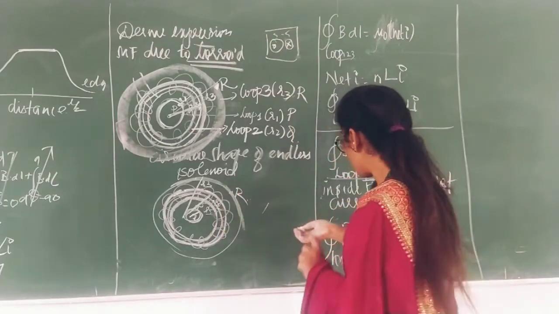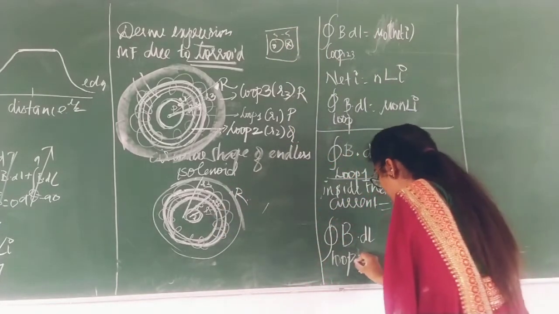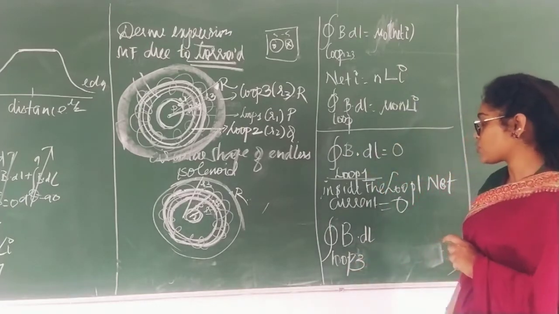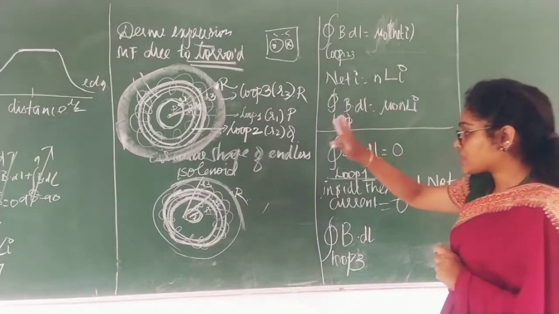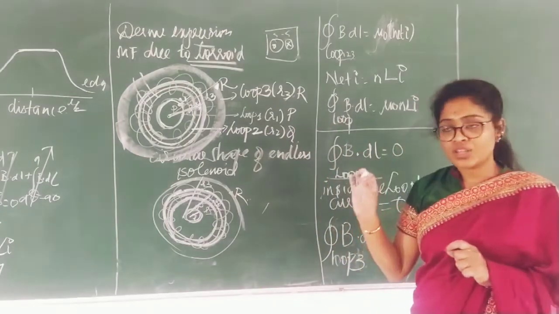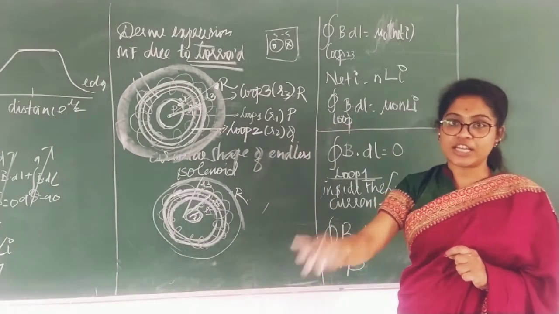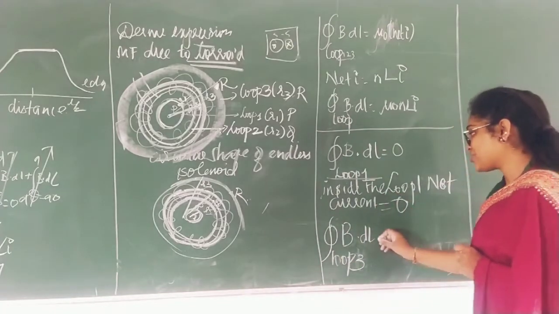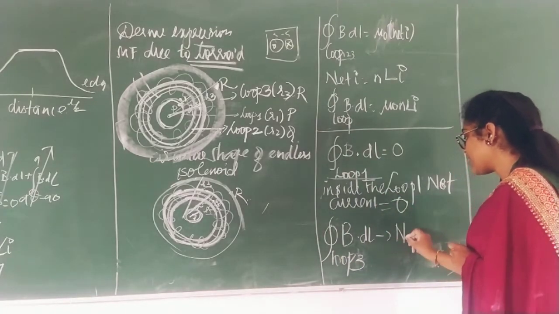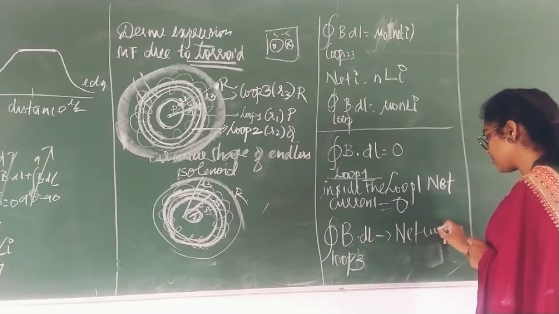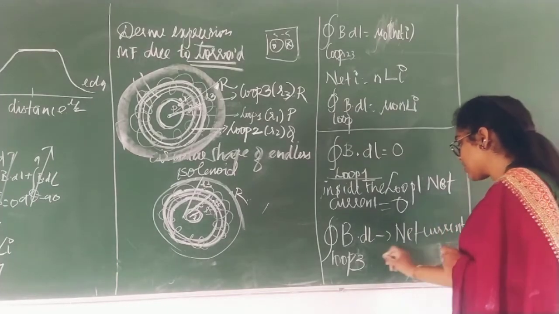Sorry, this is loop 3, outside. Loop 3, I am so sorry. When I am considering outside, there you can see leaving current and entering current. You can write again here, net current is 0.